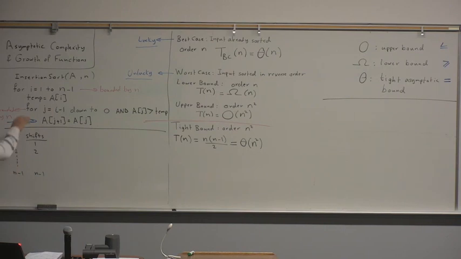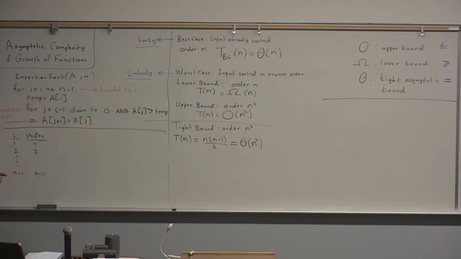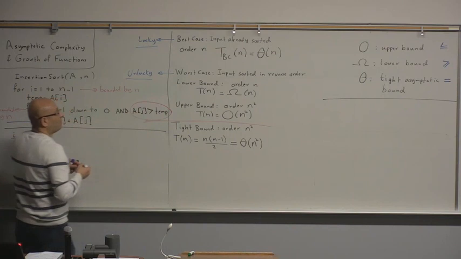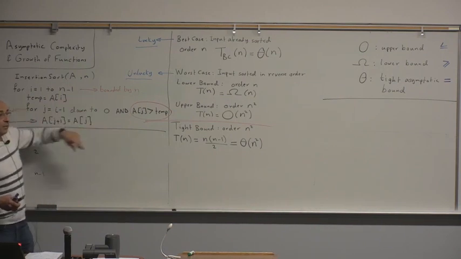Even though it's not shown with this form of the code, maybe it's more obvious with the form that we showed last time, the comparison is also done the same number of times asymptotically. In fact, there will be one more comparison, the last comparison where we will fail and not enter the loop.